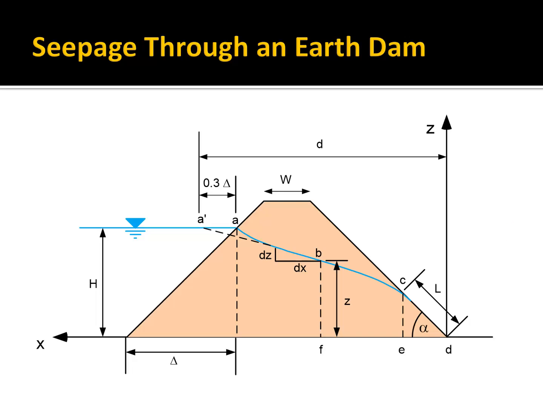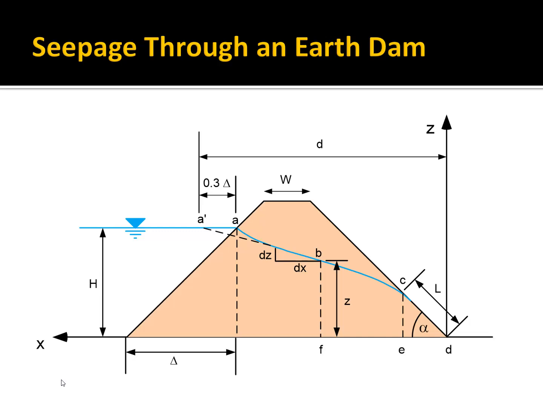And then we're going to assume that this distance from the upstream toe of the dam back to where the phreatic surface exits is delta, and because of that parabolic shape, this distance from A to A prime is about 0.3 delta.